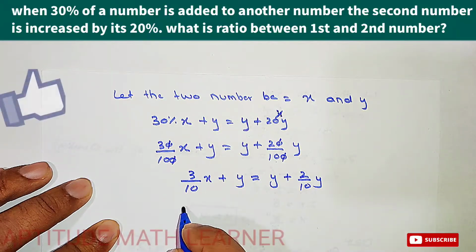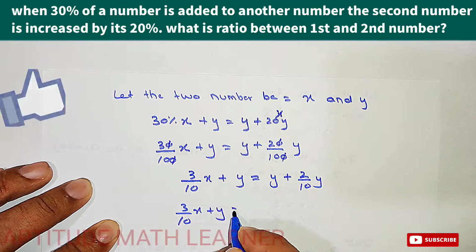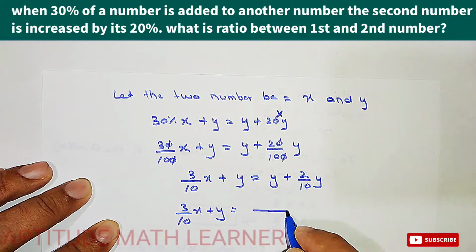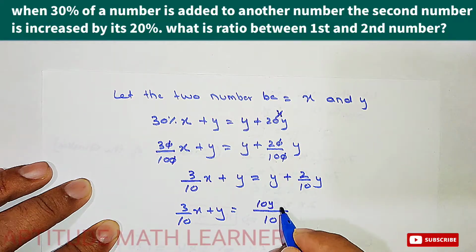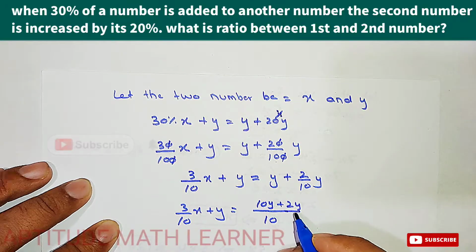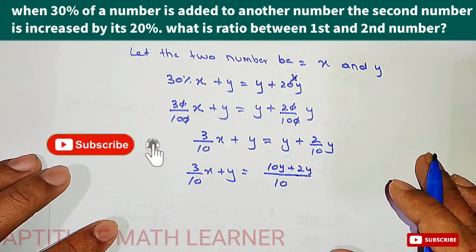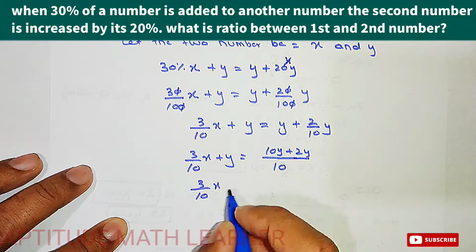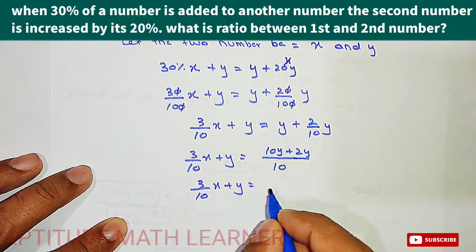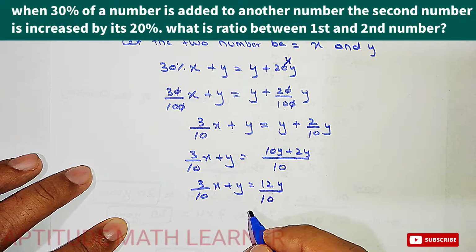Now 3 divided by 10 x plus y is equal to, we take the LCM of 10, and this becomes 10y plus 2y. I hope till here you have completely understood the method. Further solving, we get 3 divided by 10 x plus y is equal to 12y divided by 10.